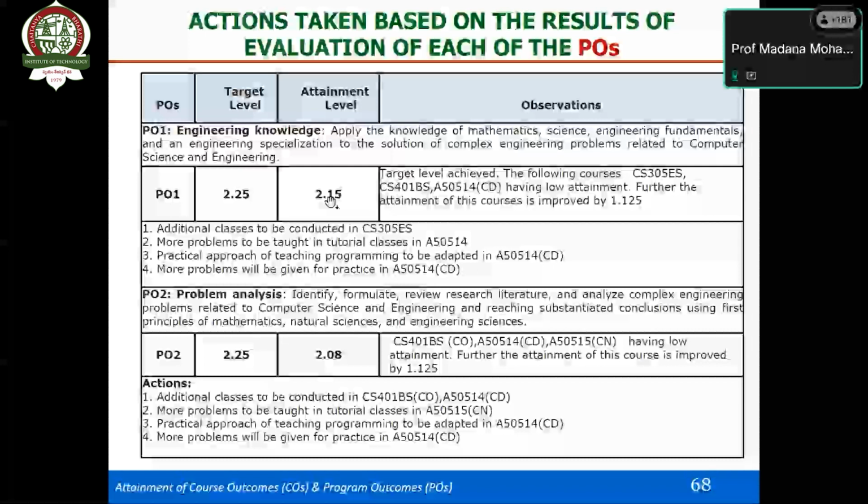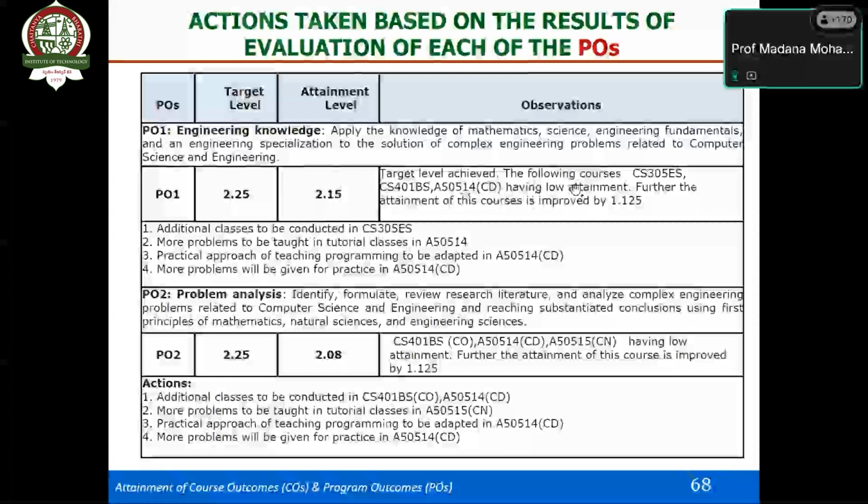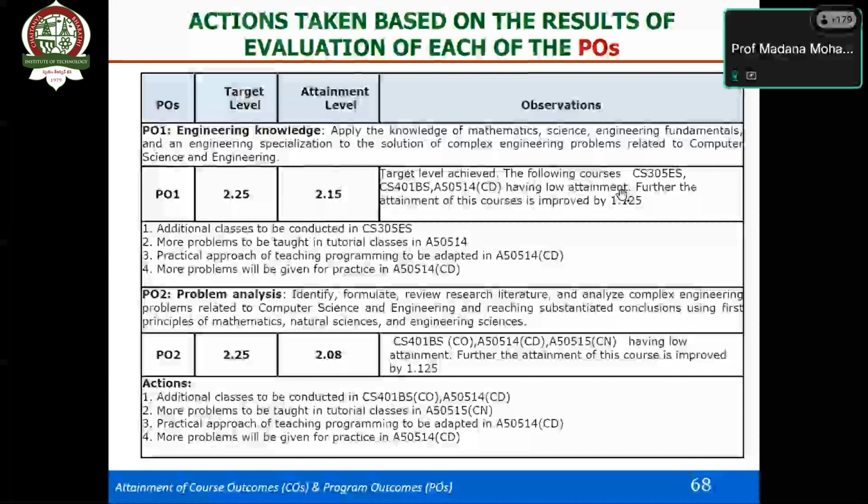If you want percentage wise, you can calculate 2.15 by 2.25, and some percentage you will get. This is PO1, engineering knowledge. You can see which are the courses having low attainment value. Those courses you can list out. For example, in this PO1, the following courses, 305 ES, 401 BS, 551, have low attainment values.